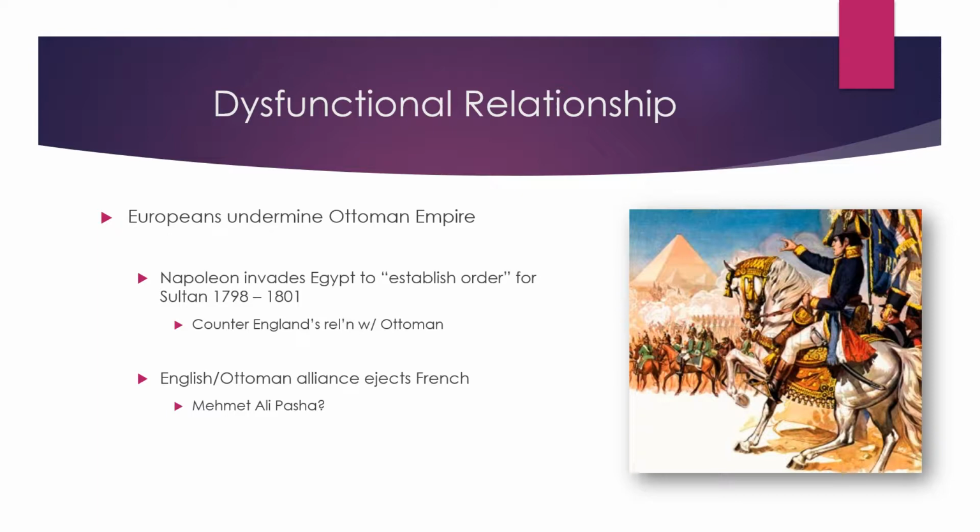The brash upstart revolutionary himself leads a good portion of the French army to invade Egypt, during which he hears news of there being an opportunity for a coup d'etat back in France, so he abandons his army to go make himself emperor of France, and the army is left to face a combined English Ottoman invasion force who pretty much slaughter the French to a man and eventually eject the French.